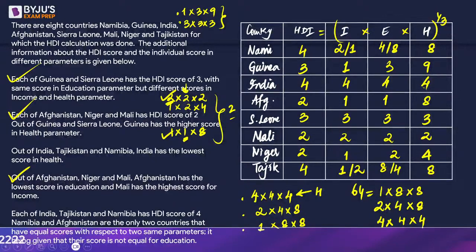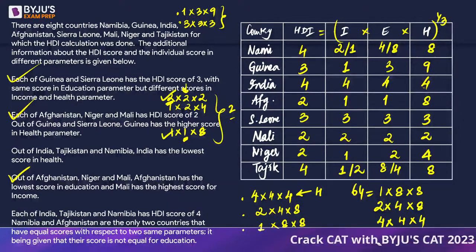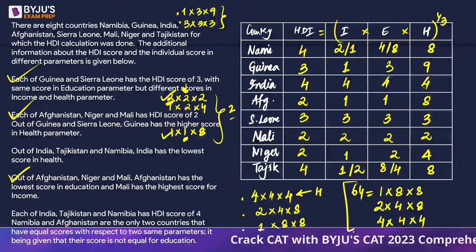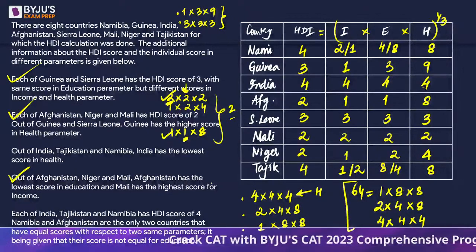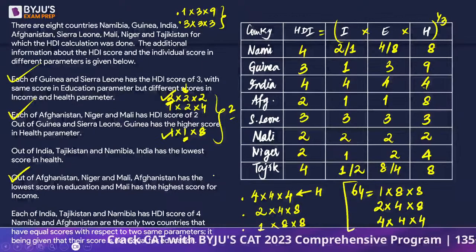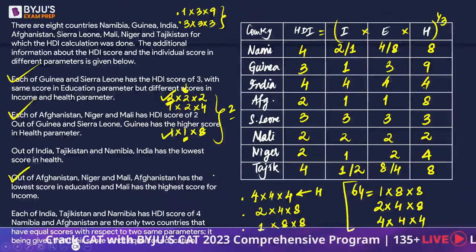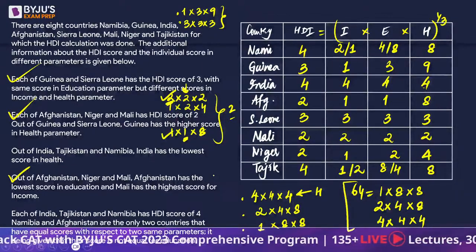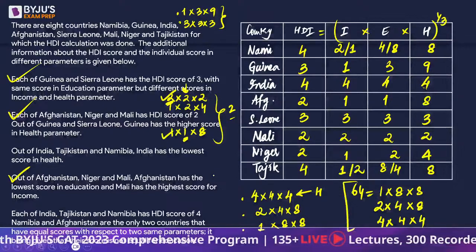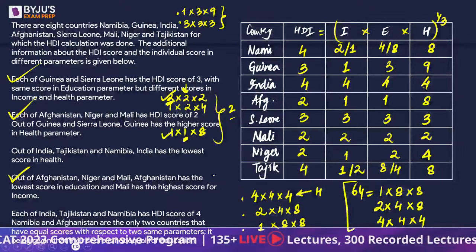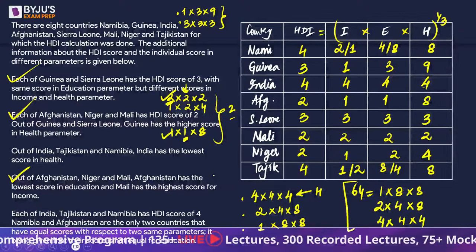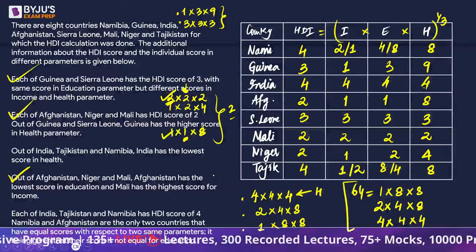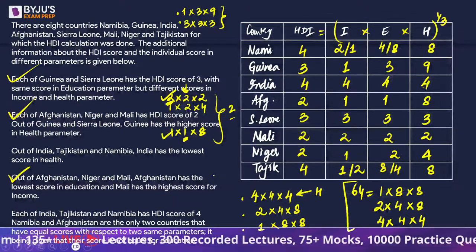Now if I change the first number 4 to 8, one of the two numbers will become smaller, maybe both become smaller. So the cases for 64 are just these 3, right? So Namibia and Afghanistan are the only two countries that have equal scores with respect to two same parameters. This is not appearing in any combo.